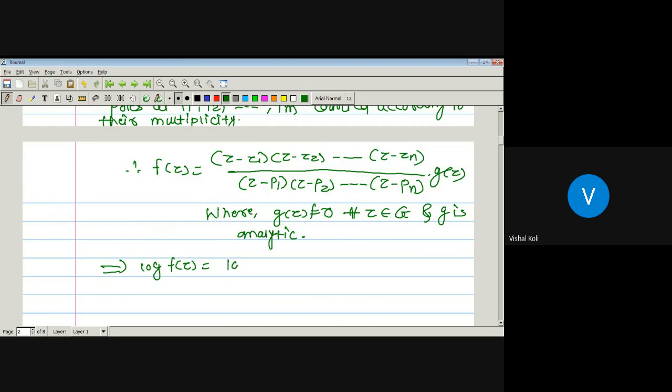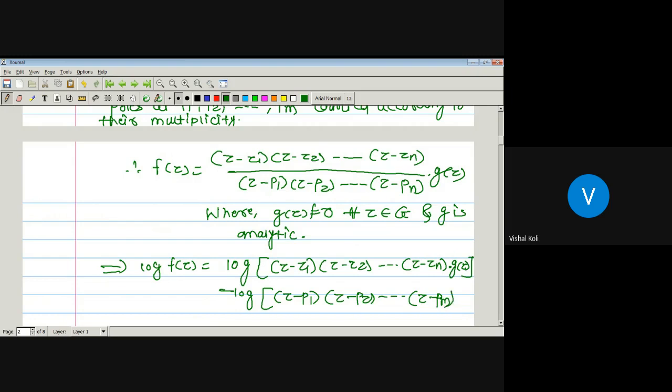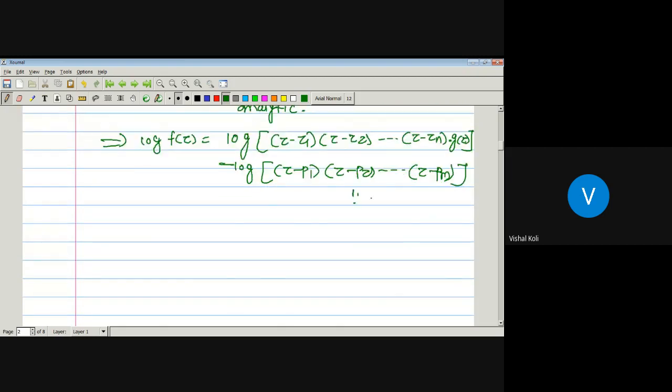So actually it is nothing but log of z minus z1 into z minus z2 into up to so on z minus zn into this g of z, since g of z is in numerator, minus log of z minus p1, z minus p2 up to so on z minus pm. This will be m. Okay, which is just by the log property, that is log of f by g is nothing but log f minus log g, which is the property of log.